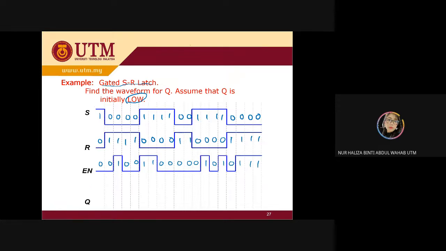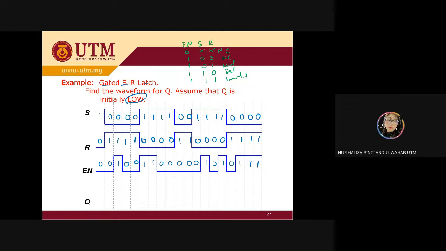Okay, I draw the table so that you can easily refer to this page. For EN equal to 0, it is no change. S and R, whatever here. And for the 1, 1, 1, 1, 0, 0, 0, 1, 1, 0, 1, 1. No change, reset, set, and invalid.